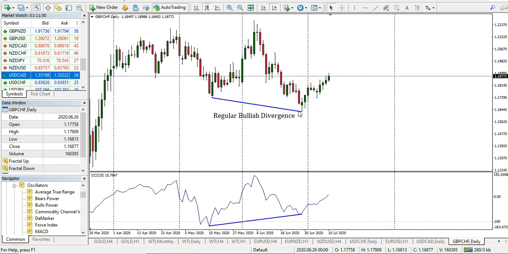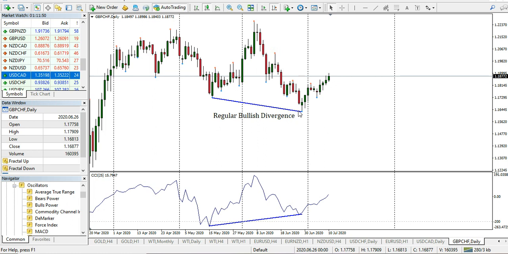And when I speak about momentum, I'm talking about your oscillator, your indicator. Like I said, that can be MACD, RSI, CCI, stochastic, anything that you prefer to use. When we talk about bullish divergence, we're expecting the market to go bullish, we're expecting the market to go up.